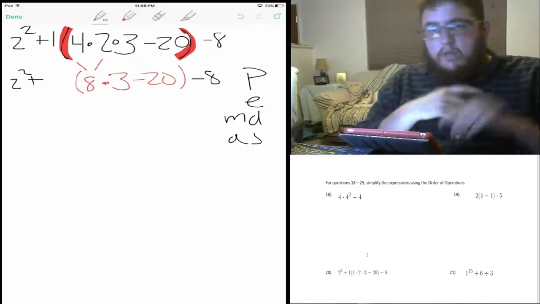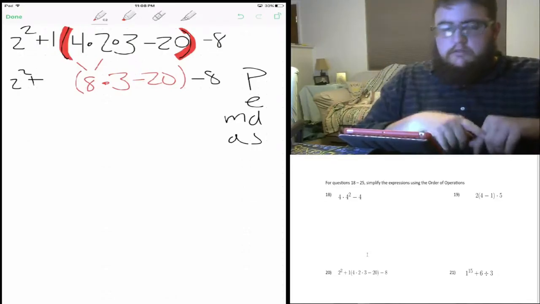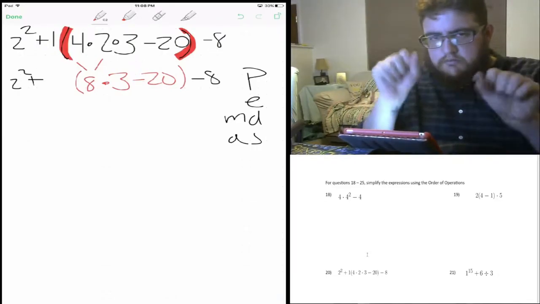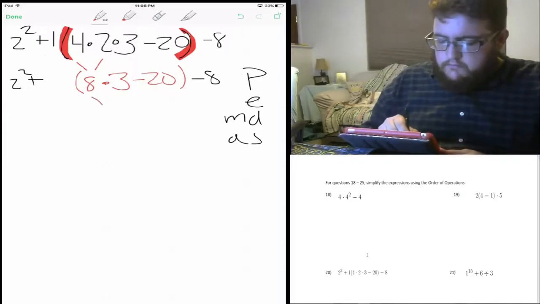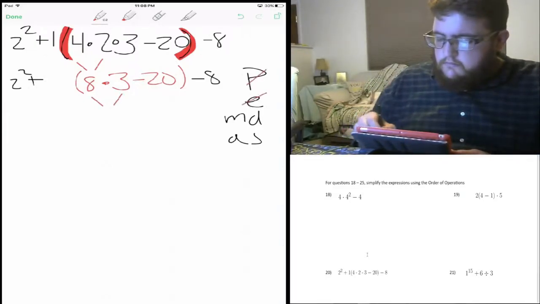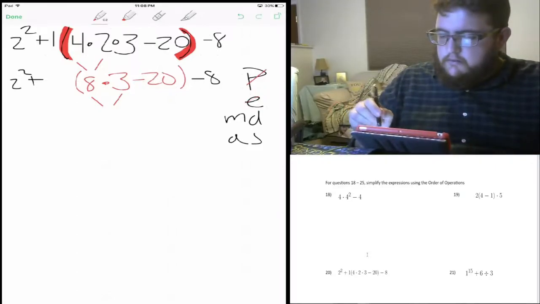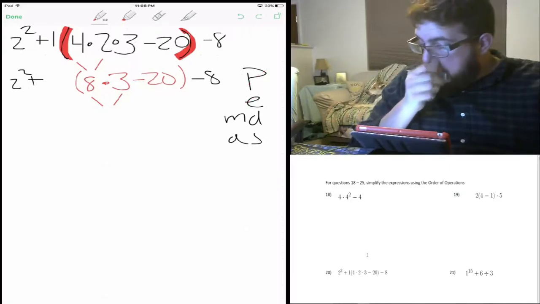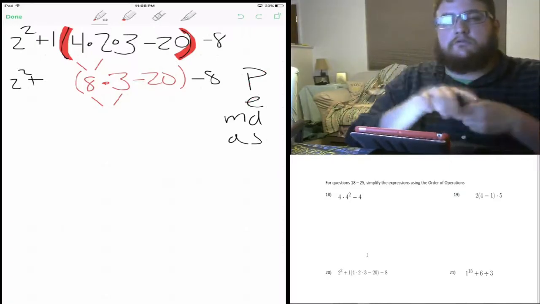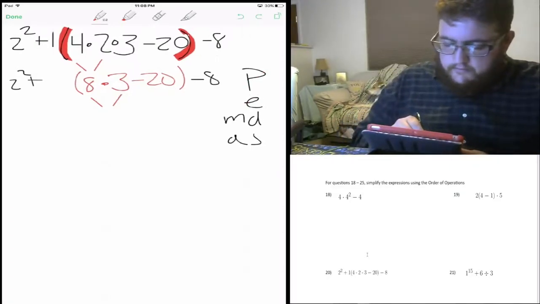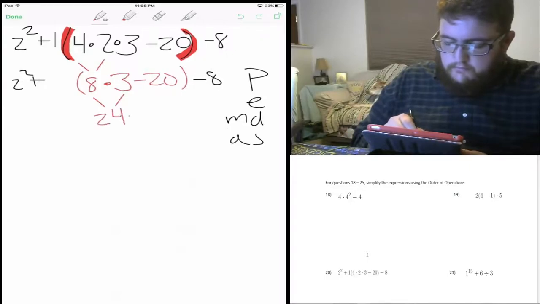So, scanning from left to right, you'll see that we have to do 8 times 3. 8 times 3 is 24. Let's bring down everything else.